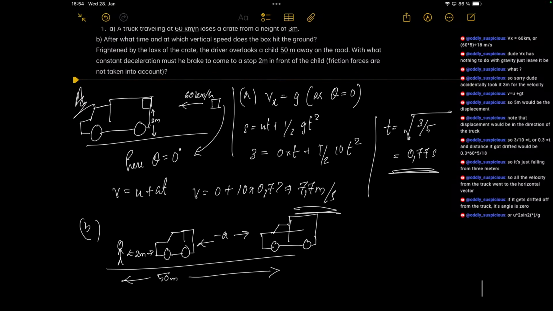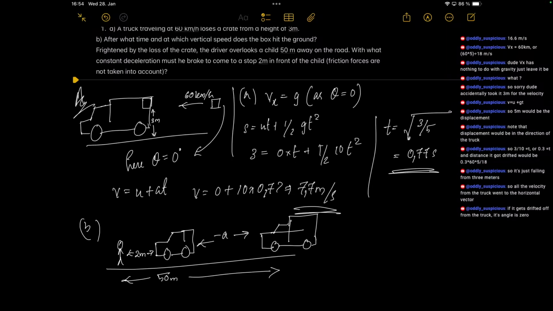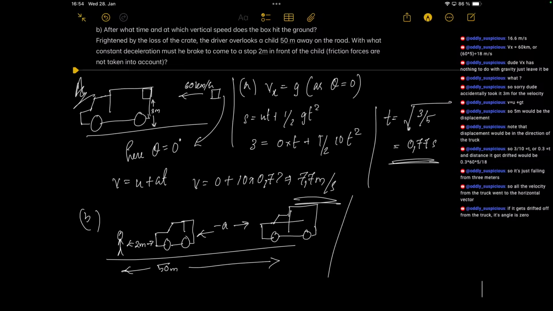We have a constant deceleration. Now, how do I start? Come on, think.